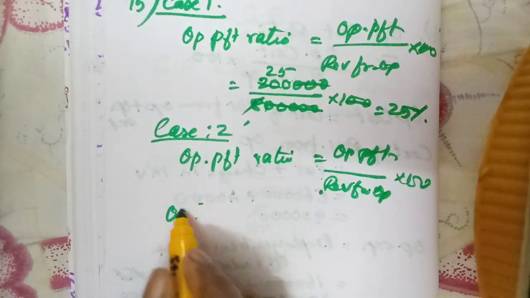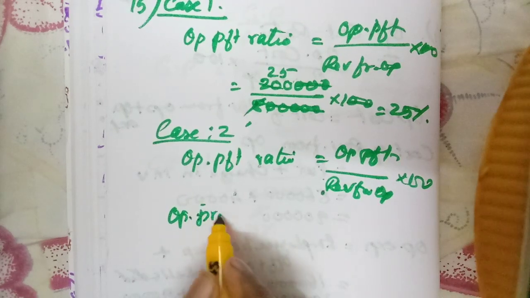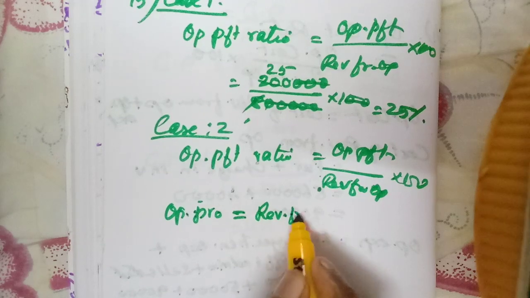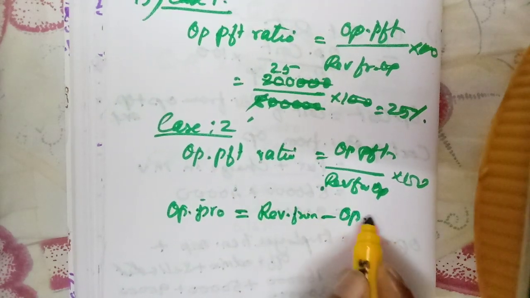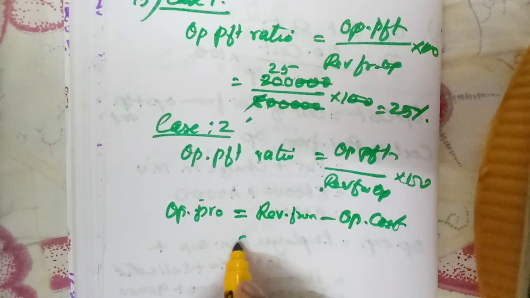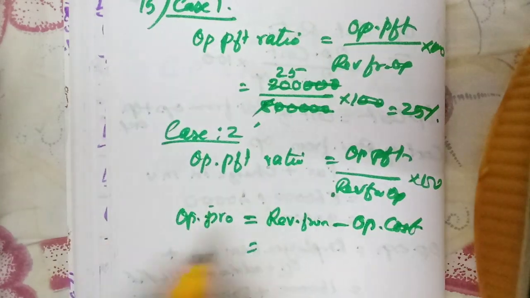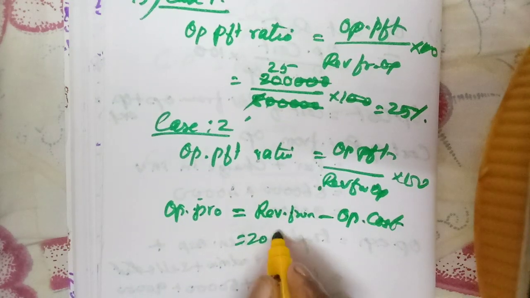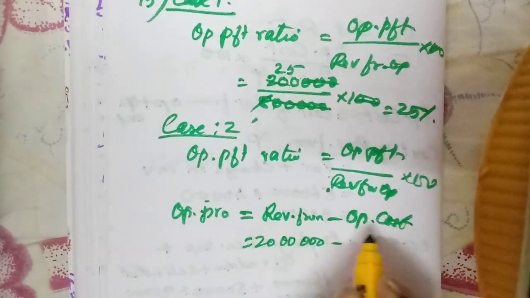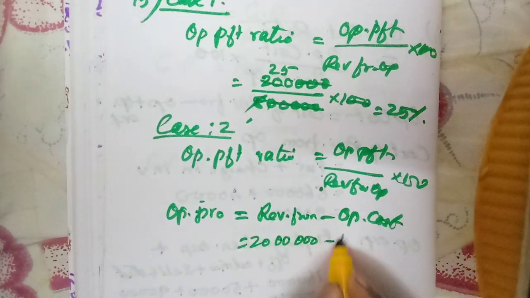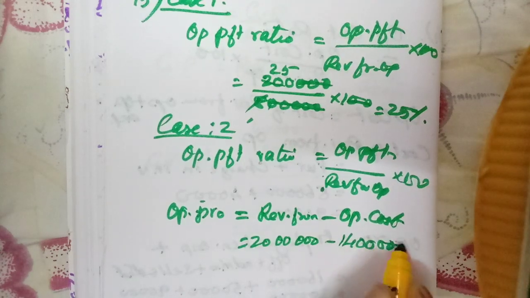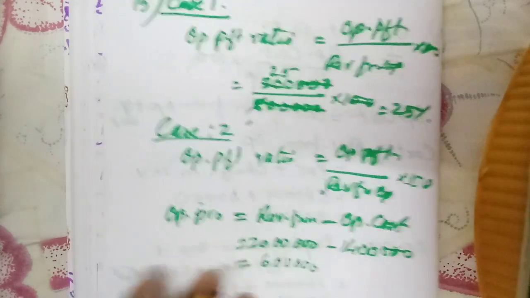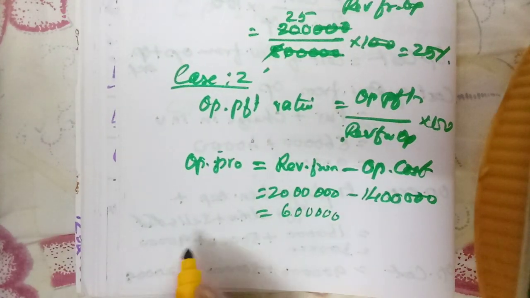So operating profit is equal to revenue from operation minus operating cost. We will get the operating profit. What is the revenue from operation? 20 lakh. Operating cost 14 lakh. So how much? 6 lakh, isn't it?